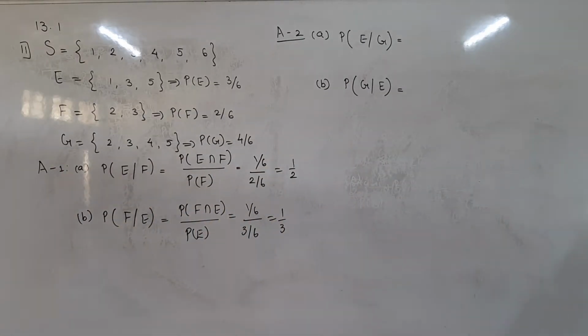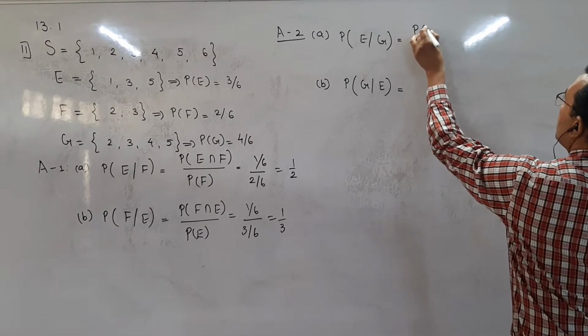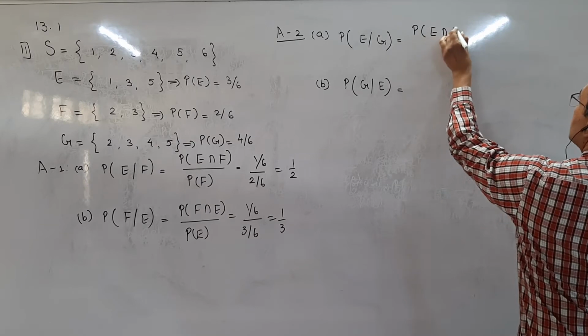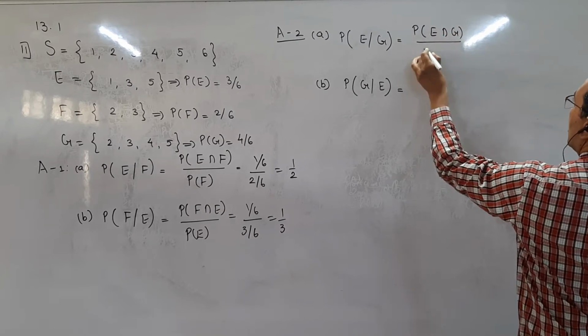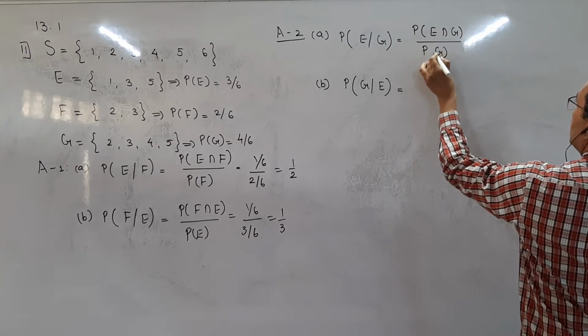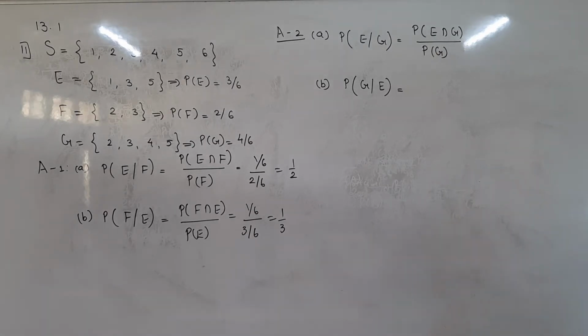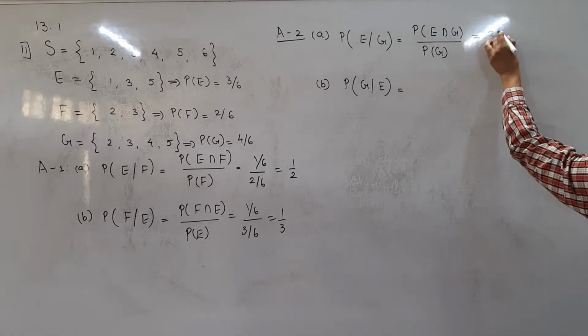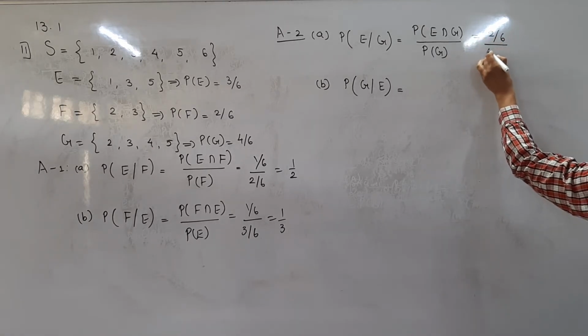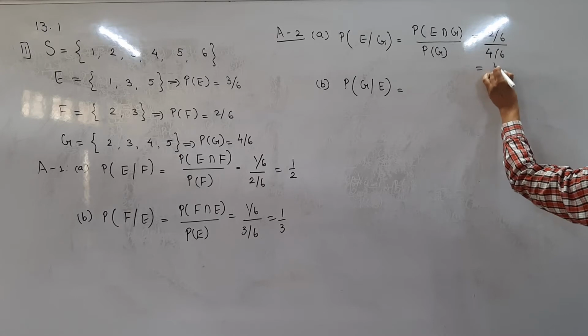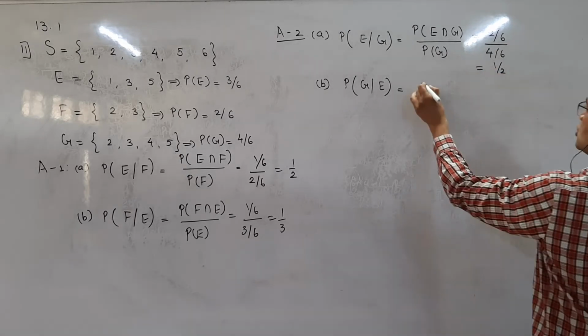We have to first of all write the formulas. This will be probability of E intersection G upon probability of G. Now, what is E intersection G? Then I can say, students, E intersection G will be 3 and 5. So its probability will be 2 by 6. P of G is 4 by 6. So this turns out to be 1 by 2.